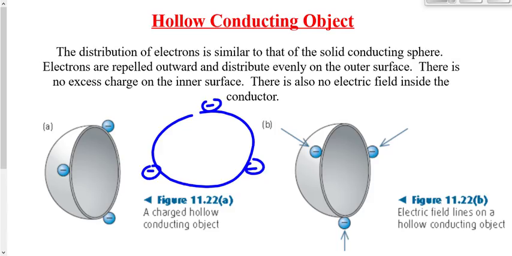Let's draw the field inside this hollow conducting sphere as a result of charge 1. Which way does it go? Forget about outside. We know which way it goes there. Which way does it go inside? Left, right, up, down? As a result of charge 1, it goes up. It goes towards the negative, right?